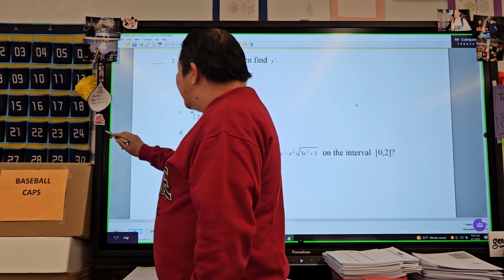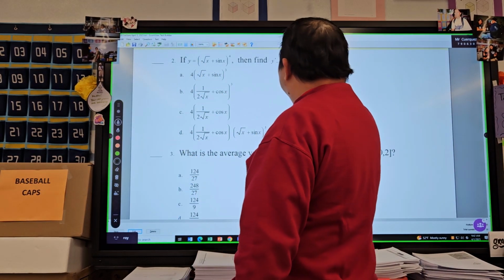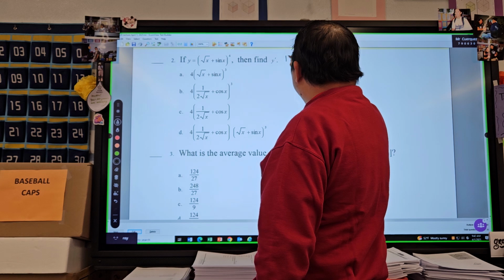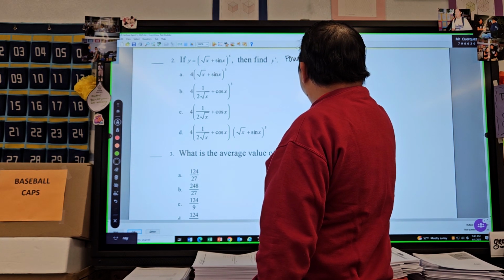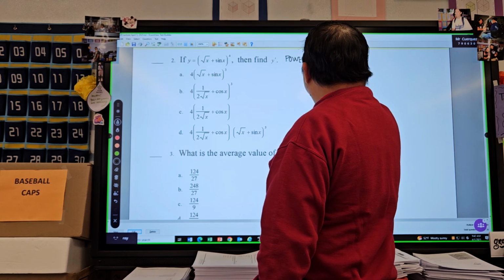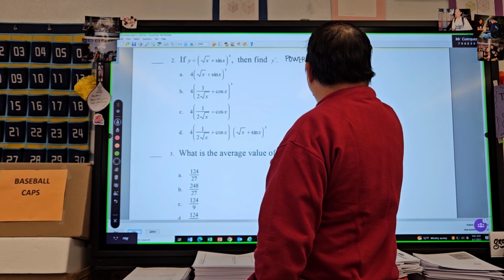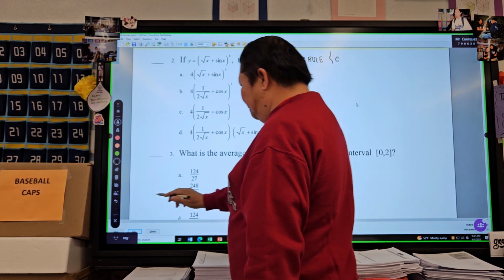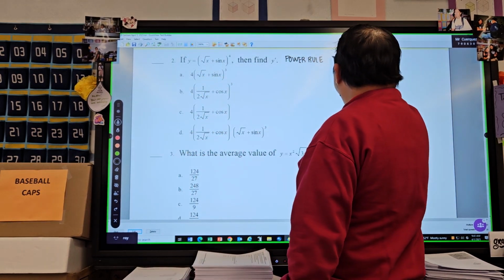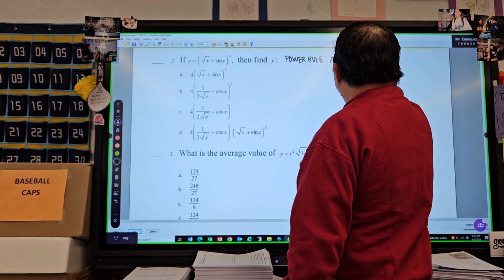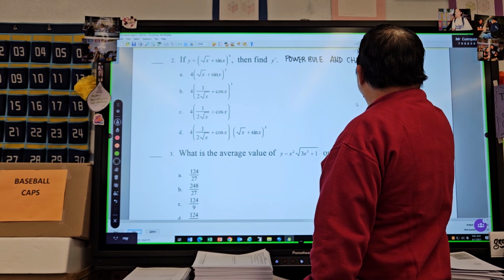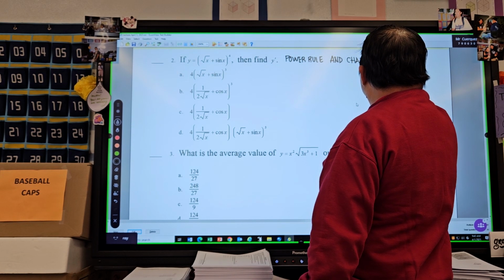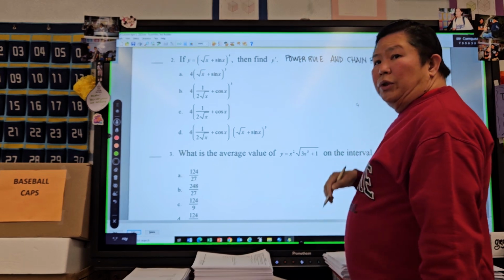So this applies the power rule and chain rule. We are applying these two rules right here.